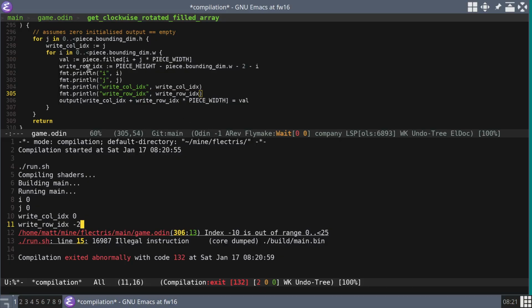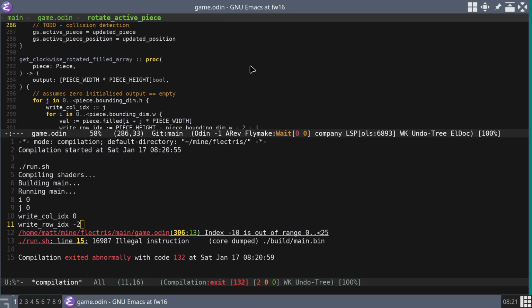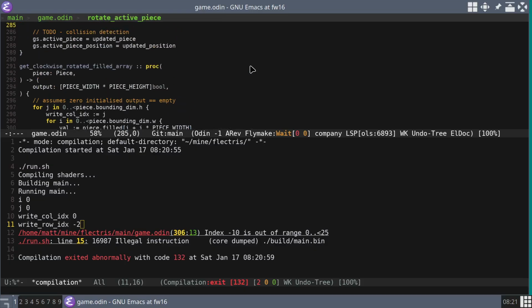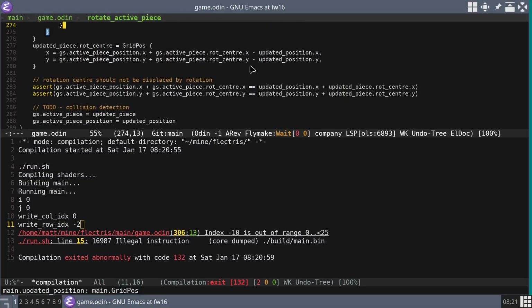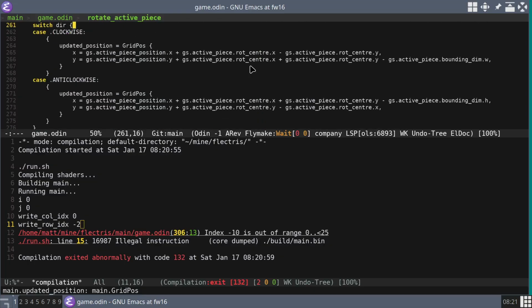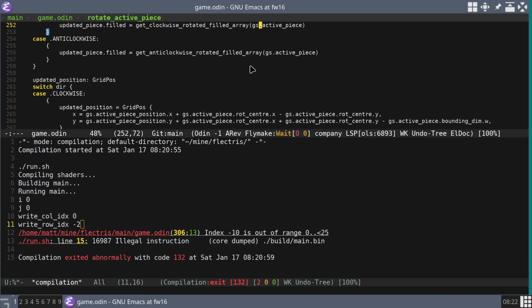Means our right row index logic is wrong. i is 0. East height is 5. East stop bounding dim. At this point, have I updated the piece? I've not updated piece yet, have I?